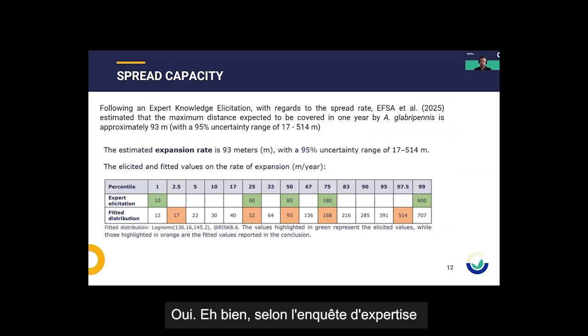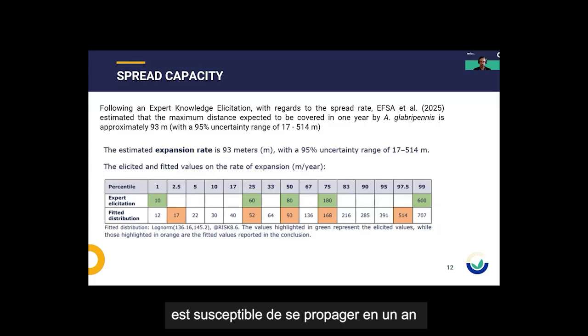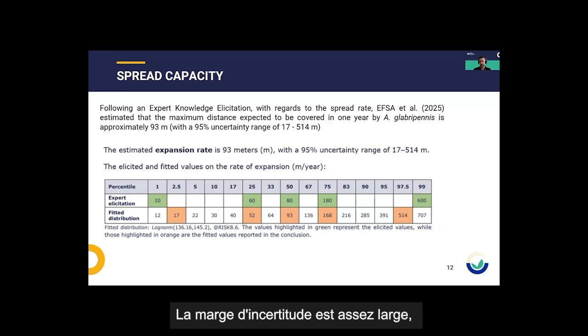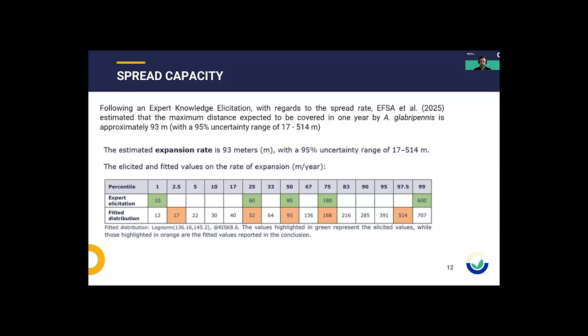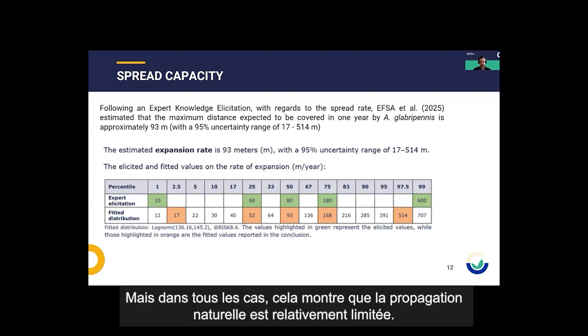Well, according to an expert knowledge elicitation carried out by EFSA, the maximum distance that Anoplophora glabripennis is expected to spread in 1 year is about 93 meters. The uncertainty range is quite wide, from around 17 up to 540 meters. But in any case, this shows that natural spread is relatively limited.